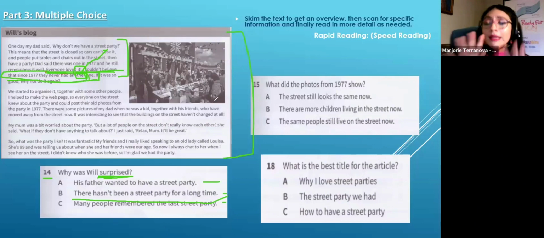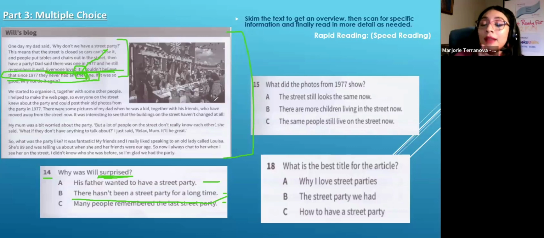Now, in this part of the text, you're going to have 5 multiple choice questions, A, B, or C. But the last question is going to be generally about the best title of the text, about the main idea or the main purpose of the text.